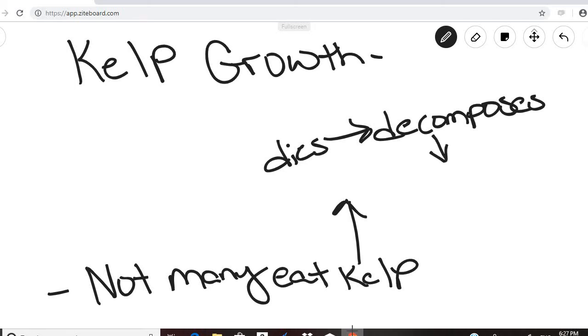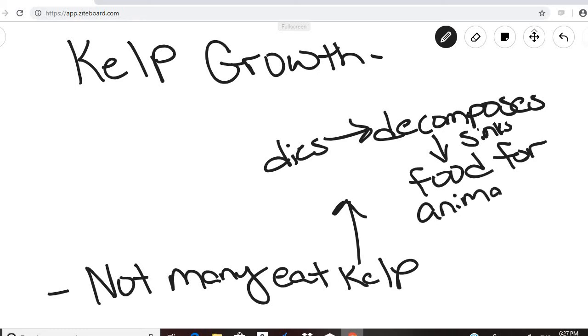So it decomposes and sinks to the bottom, and it becomes food for animals living there. Okay, so even though not many animals eat it while it is living.